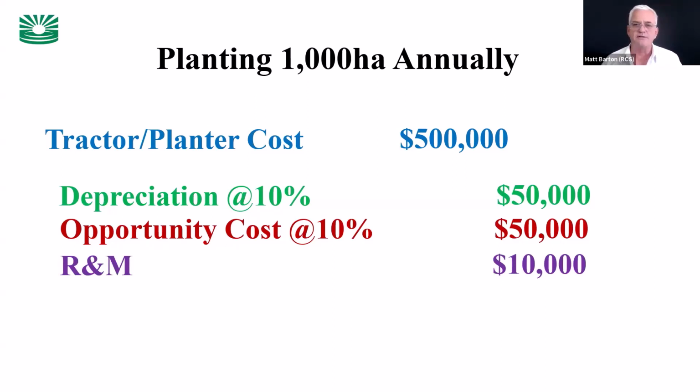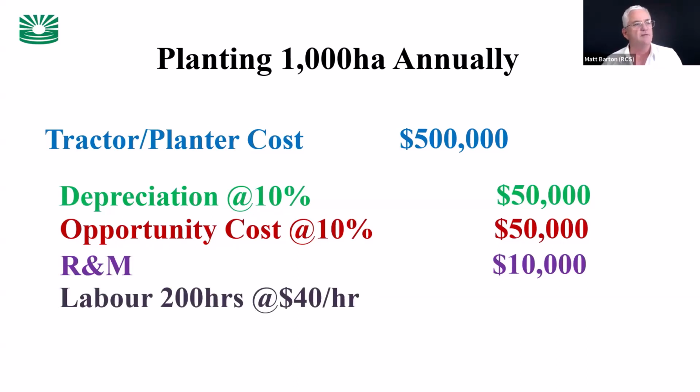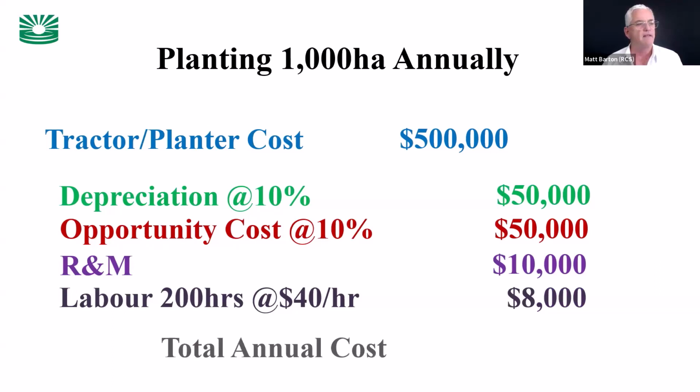Now we've got to put a bum on a seat, and whether it's ours or someone else's, we need to price that in. So I'm saying that for 200 hours, it's going to take us to plant 1,000 hectares at $40 an hour, so that's $8,000. Annual cost is $118,000 a year.